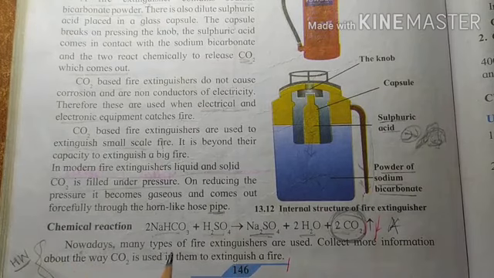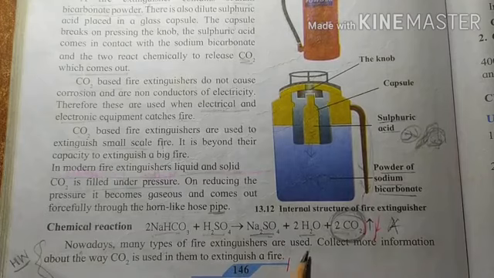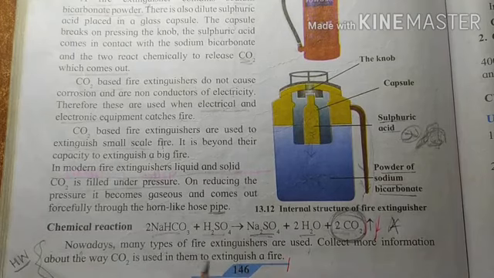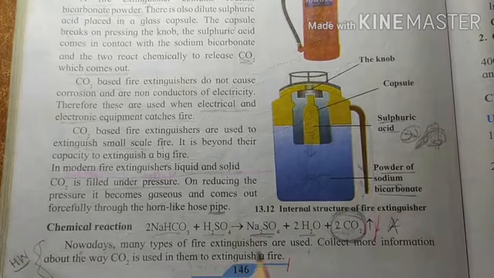Nowadays many types of fire extinguishers, type A, type B, type C, type D, are used. Collect more information about the base and how CO2 is used in them to extinguish fire. Overall, from all four types, finally carbon dioxide gas comes out from the outlet, but the methods are different.